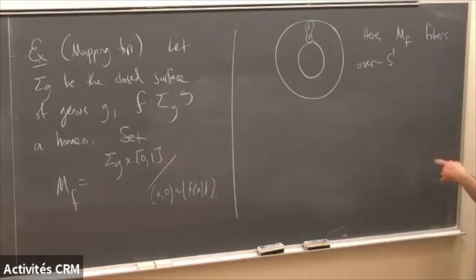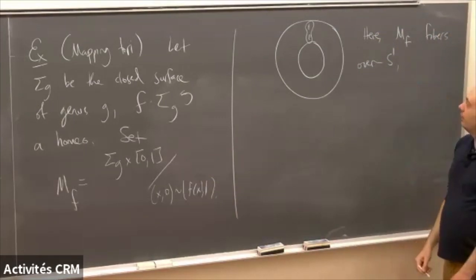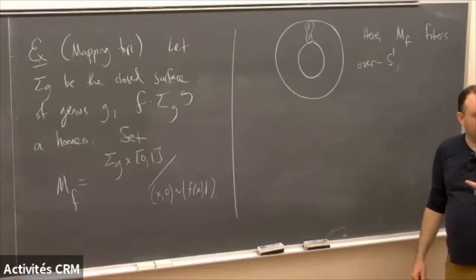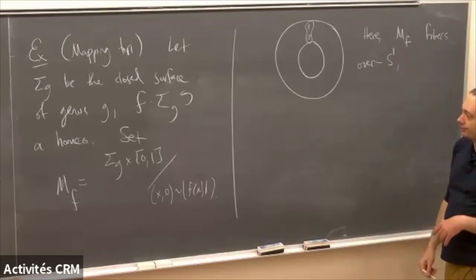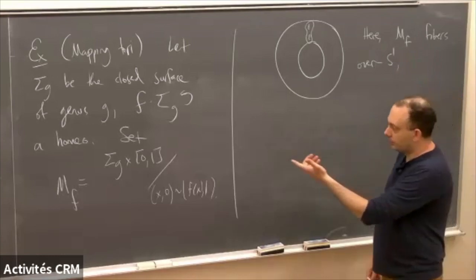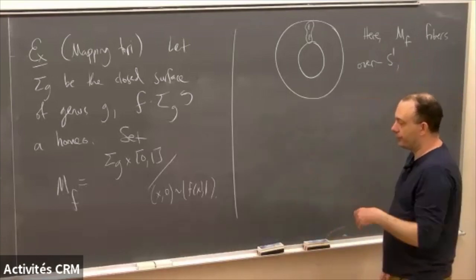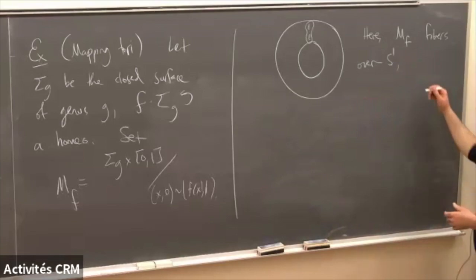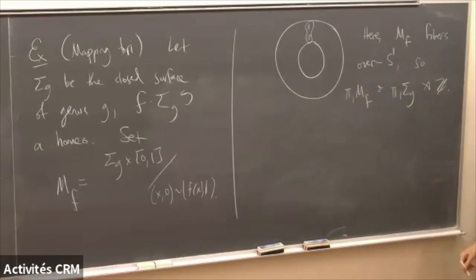That allows you to represent the fundamental group as a semi-direct product of pi1 of the surface and Z, where the Z acts on pi1 of sigma g via the induced action of f.